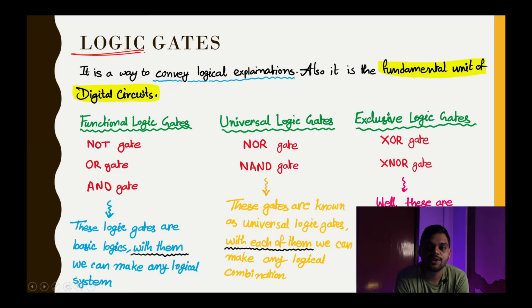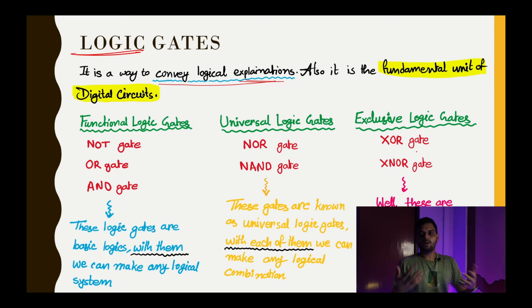Now we have logic gates. These are logical components that are the base of forming digital circuits. Okay, just keep those complicated definitions aside. It's a way to convey logical explanations.